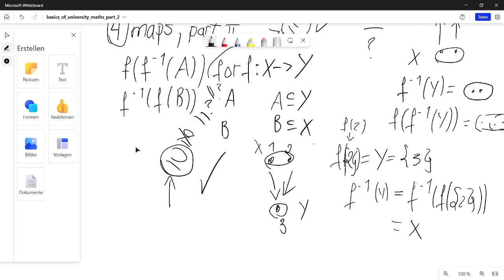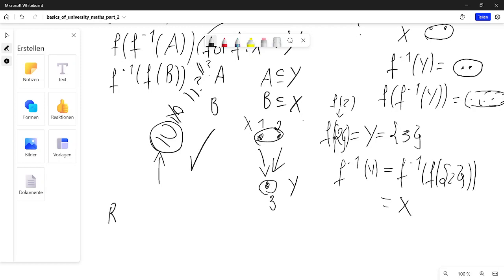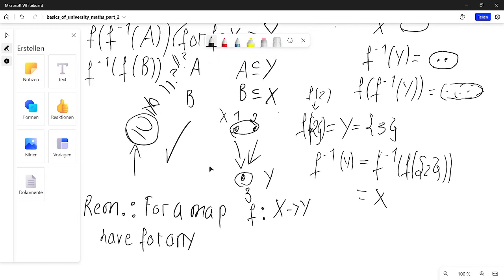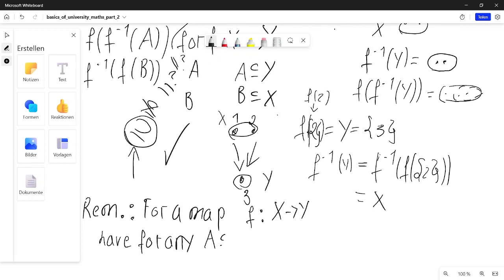Let's just write out a remark. Remark: for a map, because it's too easy to be a lemma or a theorem, let alone a theorem, for a map f from x to y, for any a subset of y, that f of f minus 1 of a is a subset of a. Okay, that's this one.